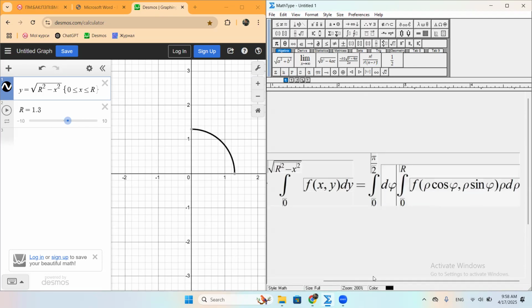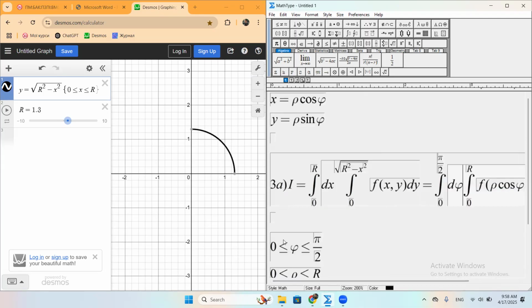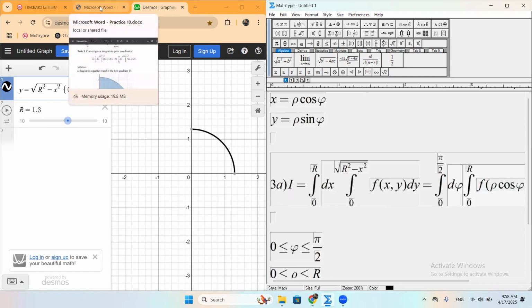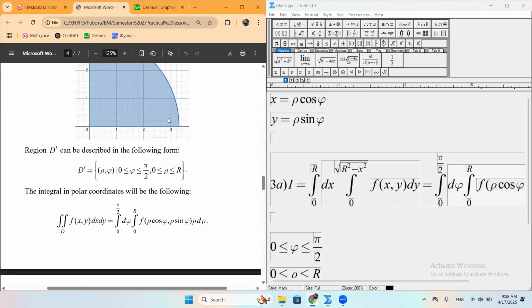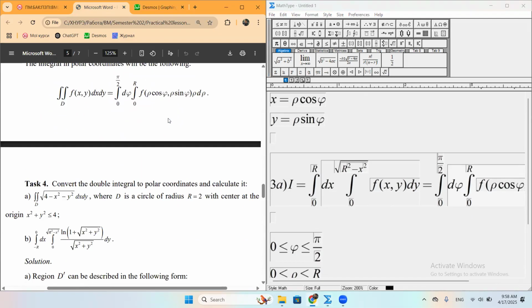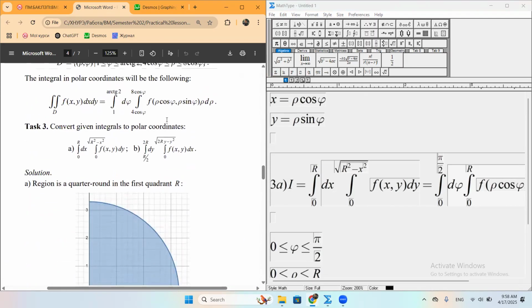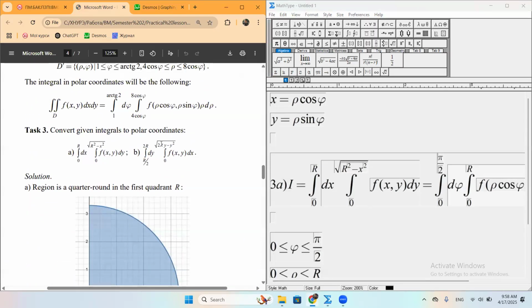Any questions about this exercise? Okay, I guess that there are no questions. Also, what can we say about this? So this exercise is analogical.